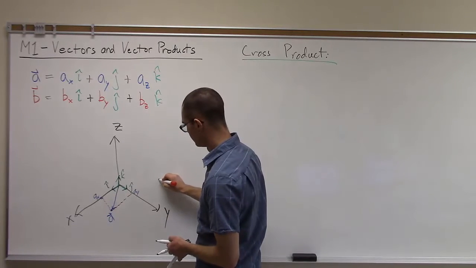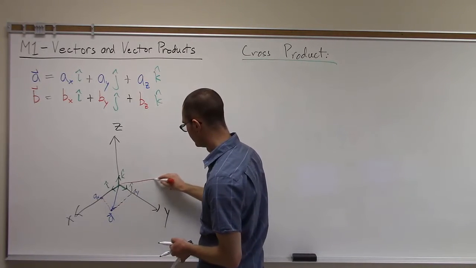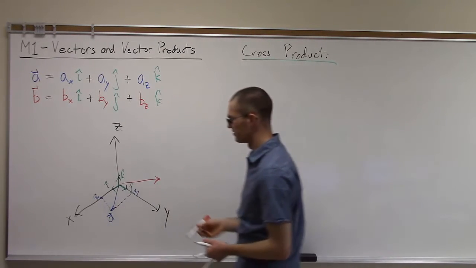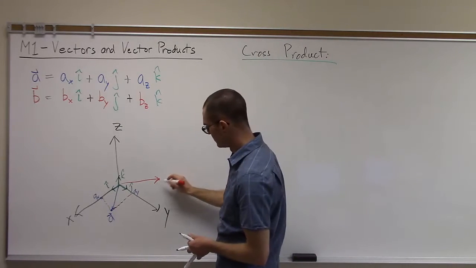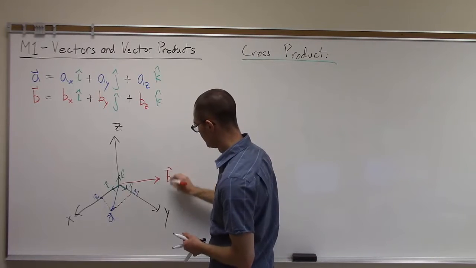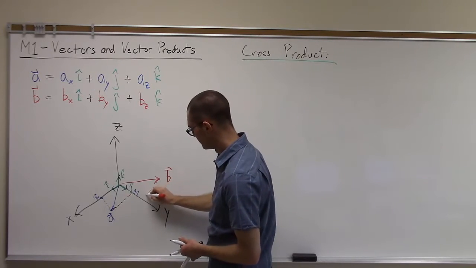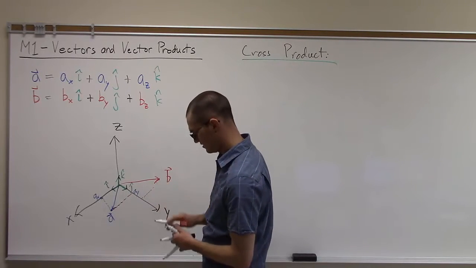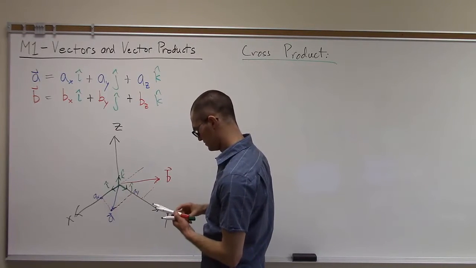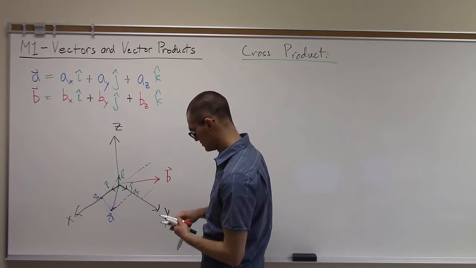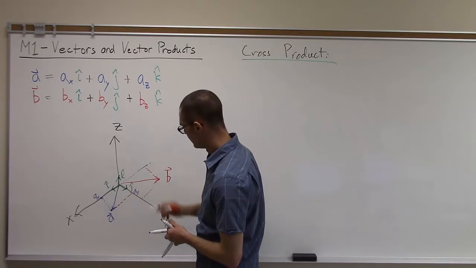and then we'll imagine that b vector comes somewhere over here, this time still in the xy plane but over in the negative x direction. So that's the vector b. We'll project that back to the y-axis here, and then over to the x-axis here.